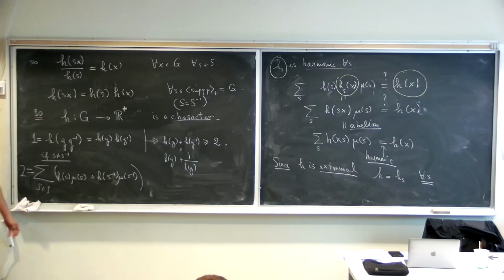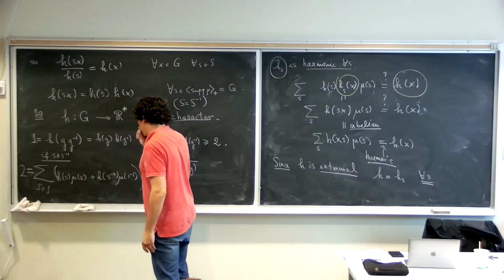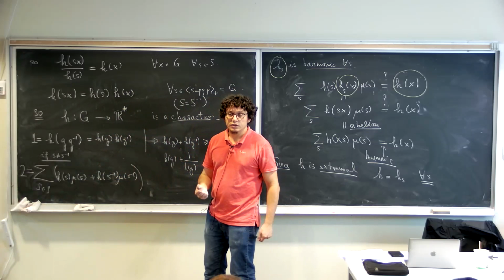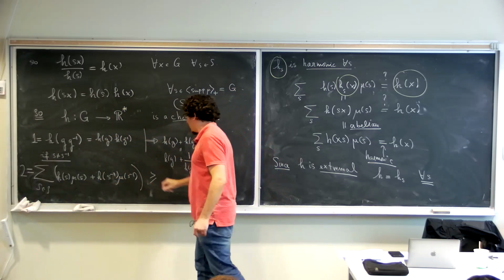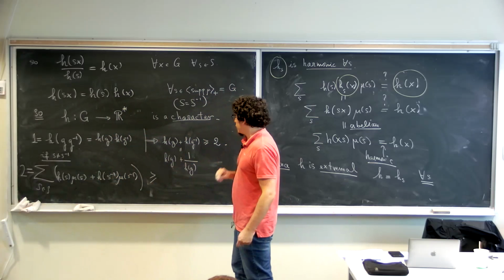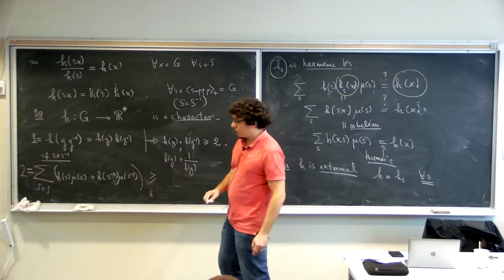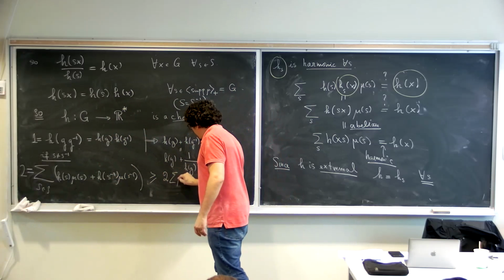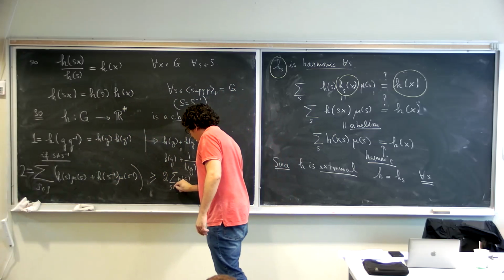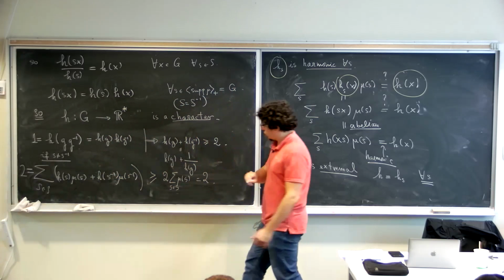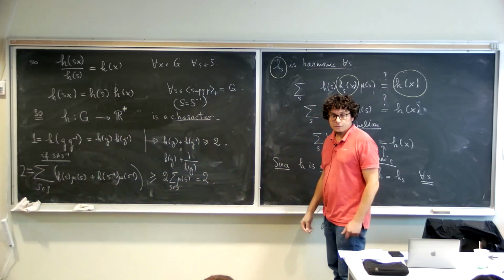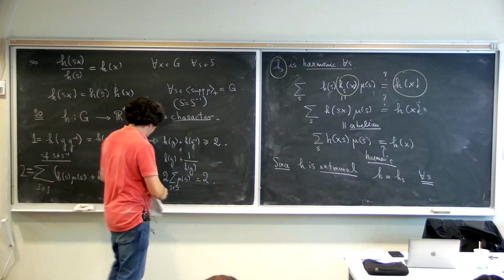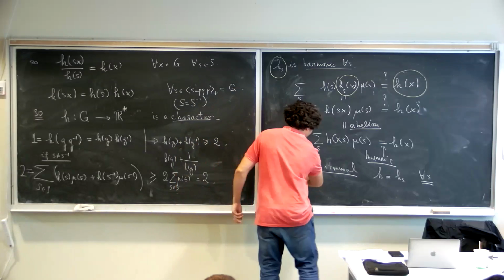On the other hand, mu of S and mu of S inverse are the same, so this is bigger, since H of S plus H of S inverse is at least 2. So this is bigger than 2 times the sum of mu(S), which is 2. So every step has to be an equality.